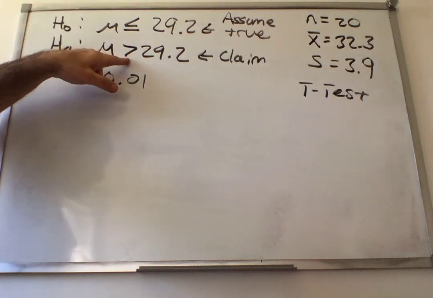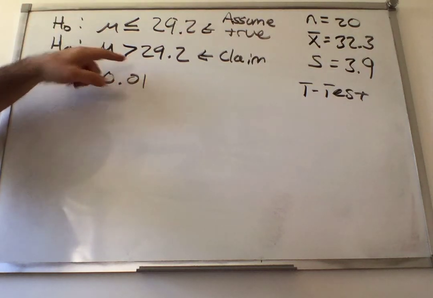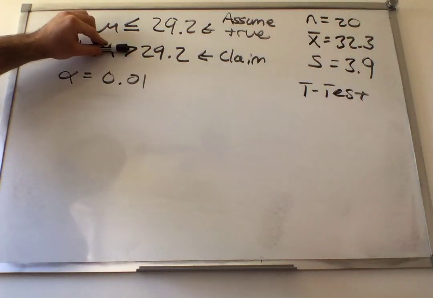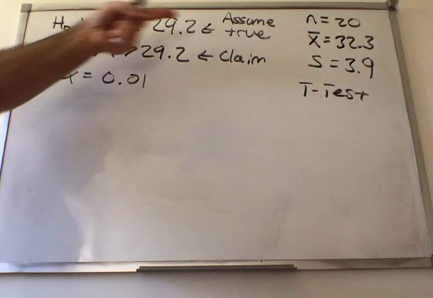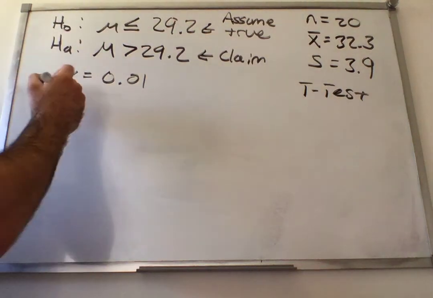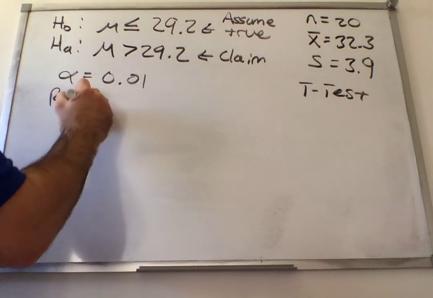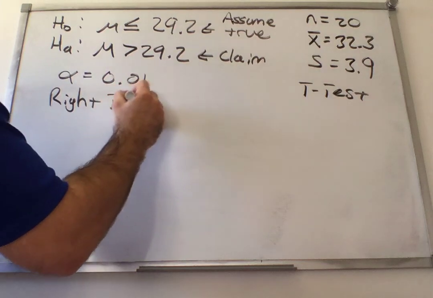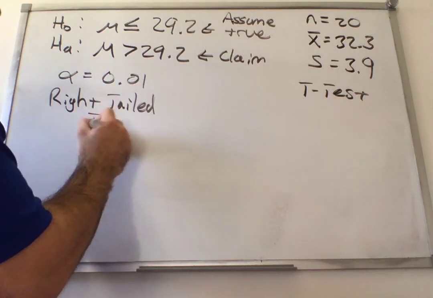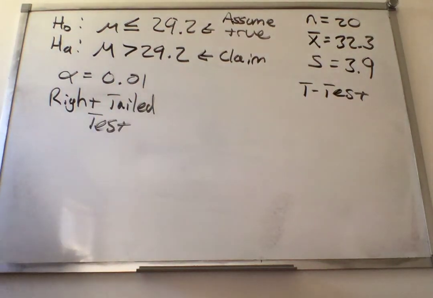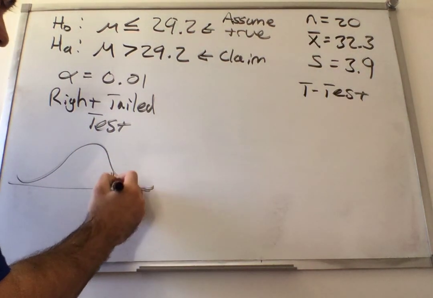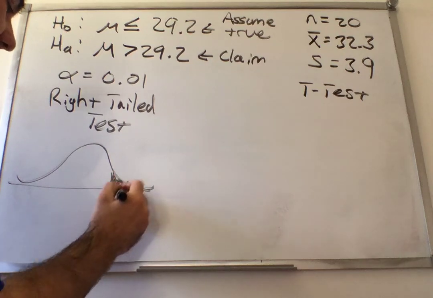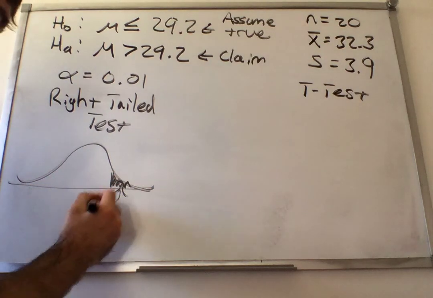We look at the inequality sign, and if you were to draw an arrow, here's the tail of the arrow, it's pointing in that direction, that's pointing to the right. This is a right-tailed test, okay? It's a right-tailed test, meaning if we were to draw this, we're finding the p-value for that little area right there.